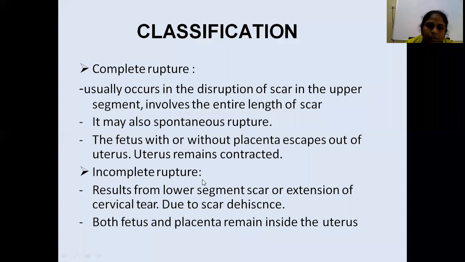Incomplete rupture or scar dehiscence means there will be just an extension of a cervical tear or a lower segment scar rupture may occur, but only a few layers are involved. But there will be a visceral peritoneum over the uterus. There are two peritoneum, parietal and visceral peritoneum.